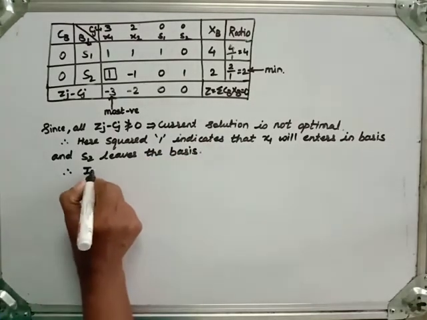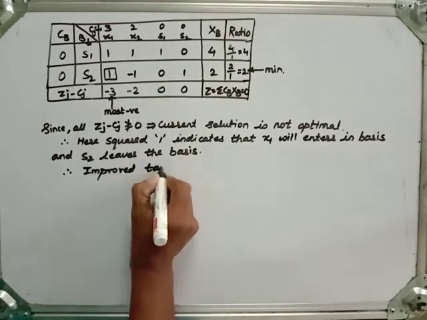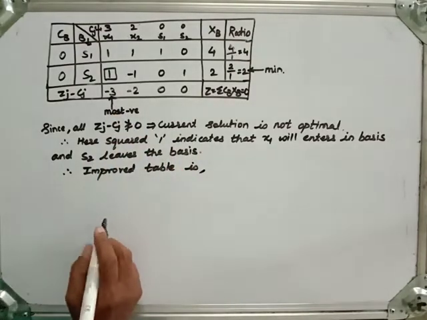Therefore, we will obtain the improved table by doing some pivot operations.